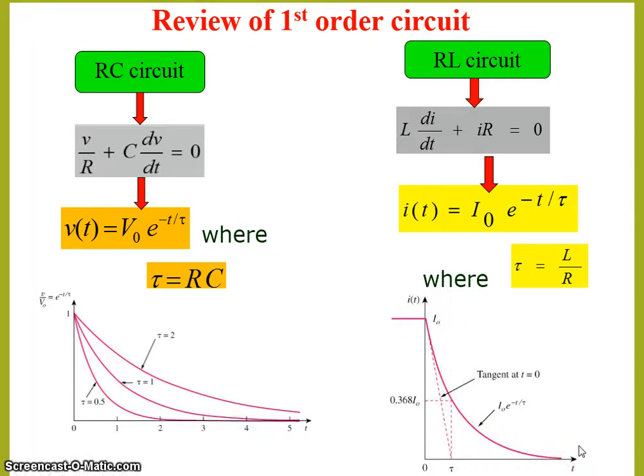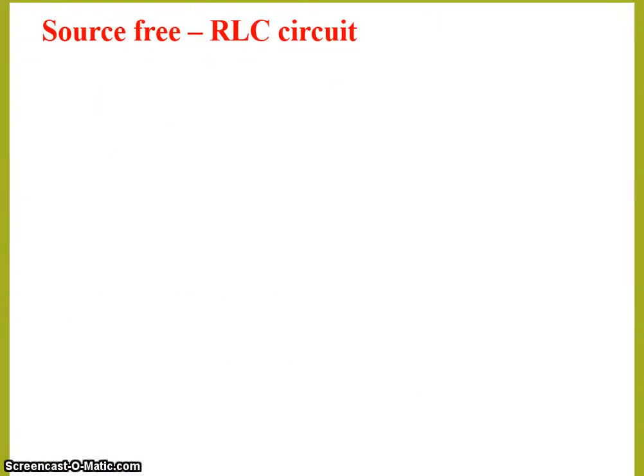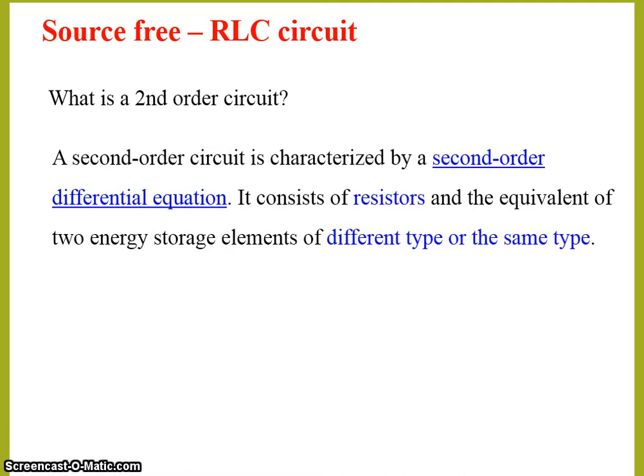Now we are moving into the second order circuit, which is our RLC. Why is it called second order? As it contains two energy storing devices. It means two different energy storing devices, not two capacitors or two inductors.